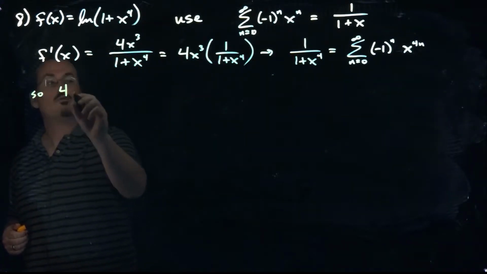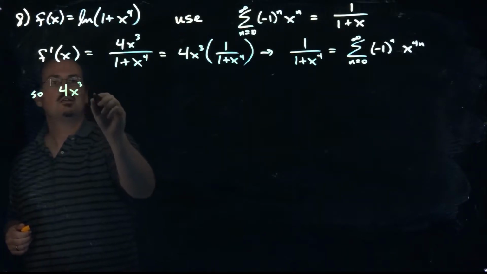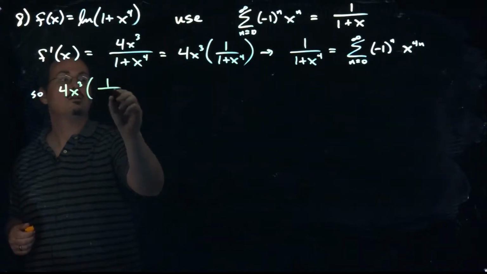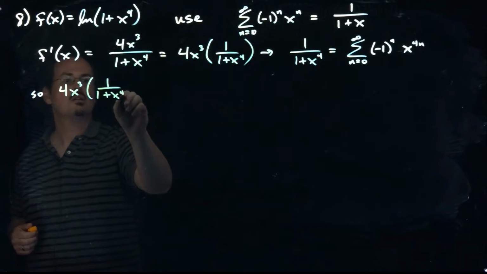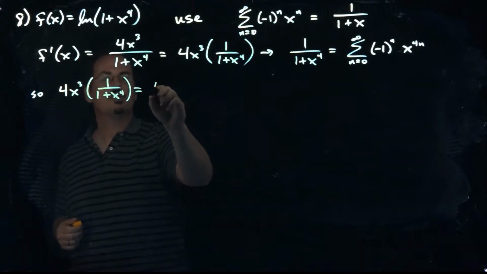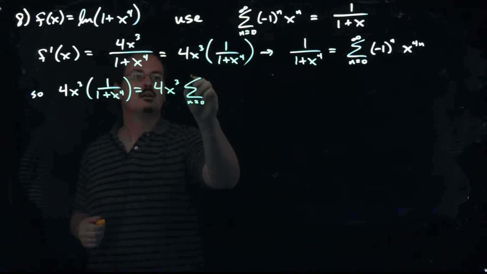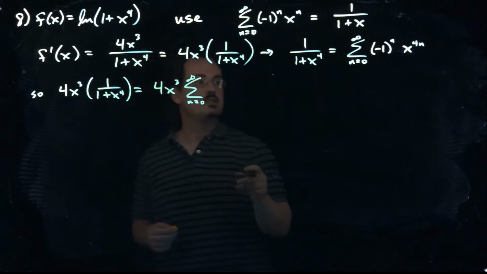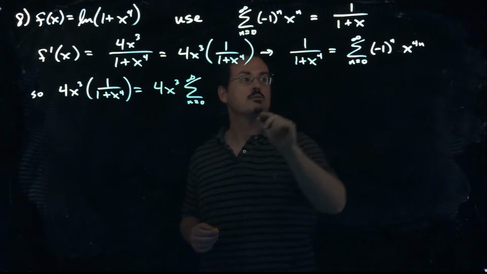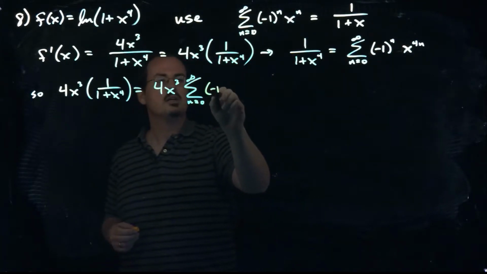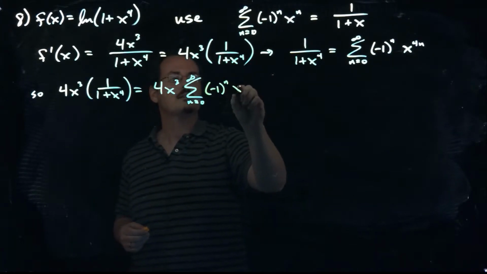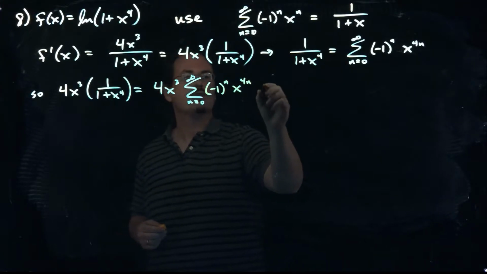So 4x to the third times 1 over 1 plus x to the fourth must be equal to 4x to the third multiplied by the power series representation of this, which we just said is minus 1 to the n x to the 4n.